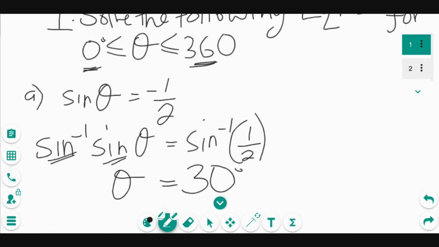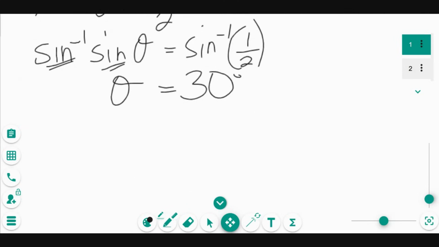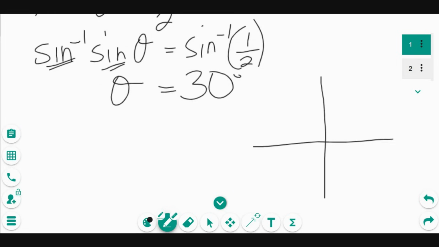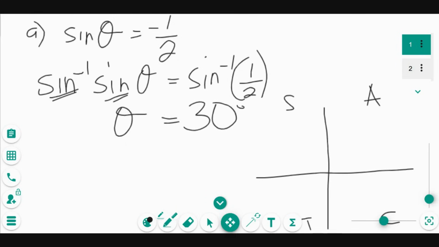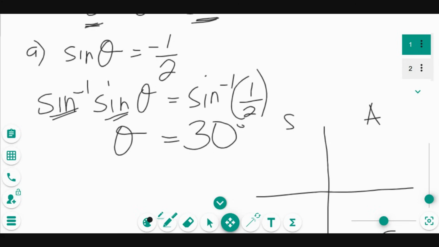Our answers, we've been told, should range from 0 to 360 degrees. Now, I am going to represent this 30 degrees on these quadrants. All students take coffee. Before I did the sine inverse, the value of my sine theta was -1/2, meaning I am going to only use quadrants where sine is negative.